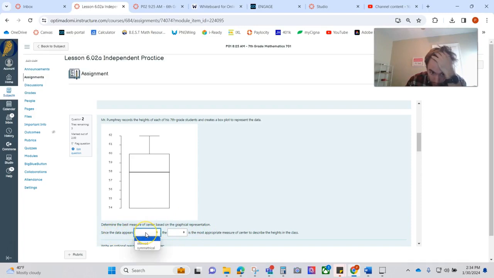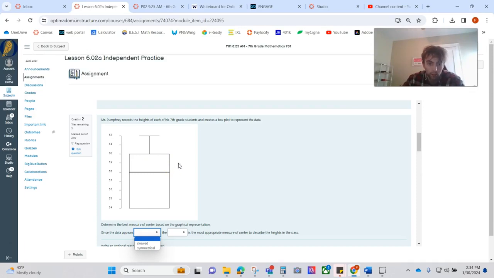Since the data appears either skewed or symmetrical, the mean or median is the most appropriate. So it does not appear symmetrical, right? Symmetrical is when, if you can cut it in the middle, it'll be the same on both sides. So like a circle is symmetrical. A triangle is symmetrical.